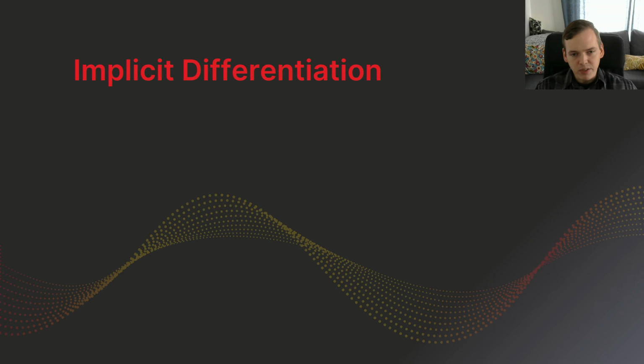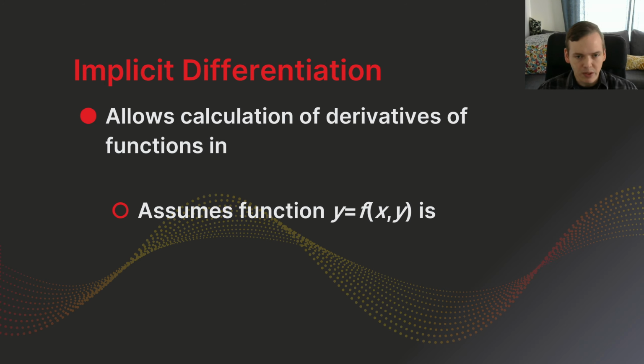So if we want to differentiate those functions, there's a trick that we can do with implicit differentiation. So implicit differentiation allows us to calculate the derivatives of, as you would guess, implicit functions. Or I guess actually the way this sentence is worded, it's going to be derivatives in implicit form.